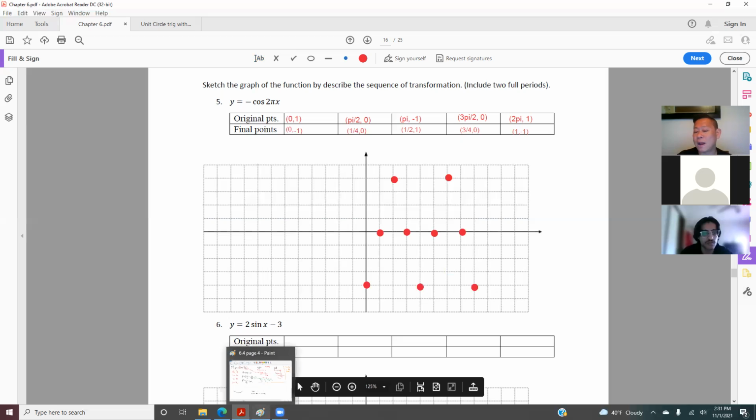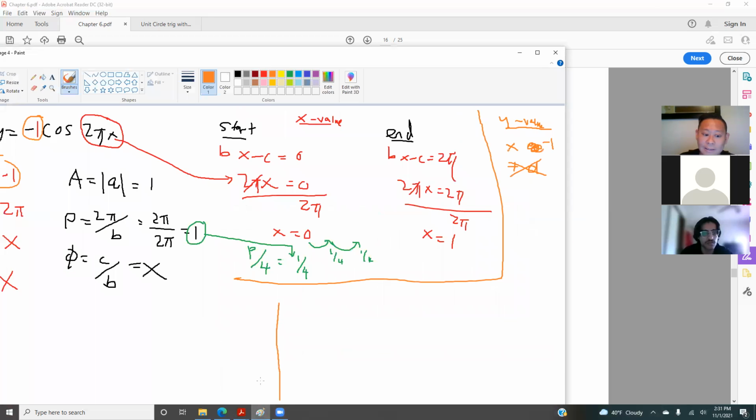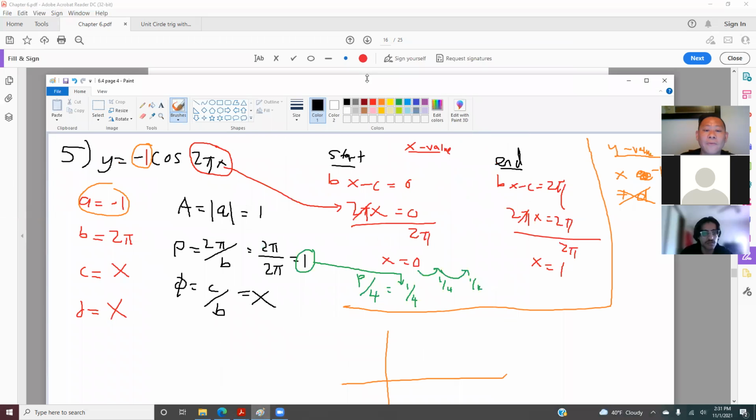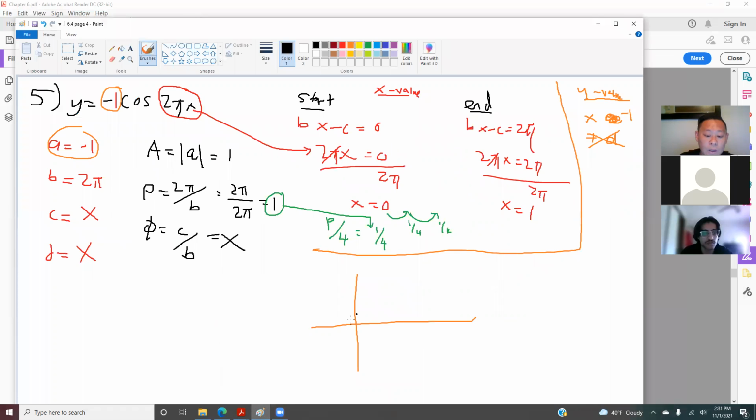So let me just draw it out nicely on my pad here so you guys can see. This is tough. I didn't say this is easy. So we will be using these 5 original points. So the first one is 0, -1.